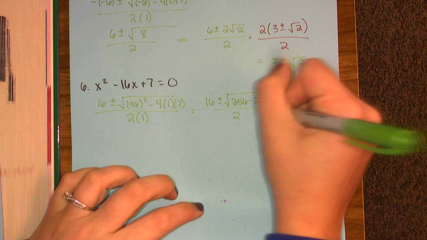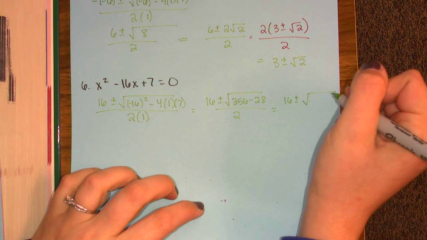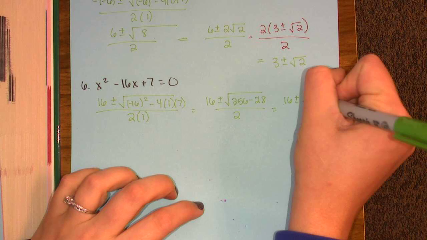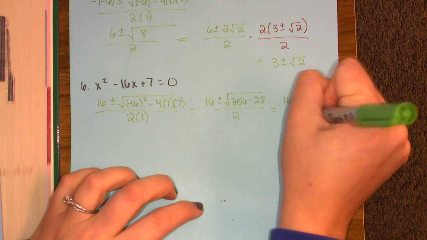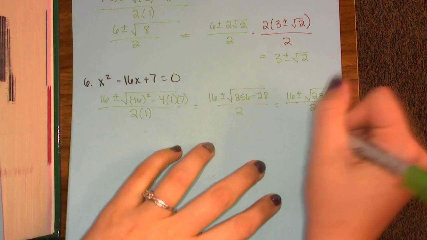So this is 16 plus or minus the square root of, was that 228? So now can I pull something out of the radical? I'll do it right here.